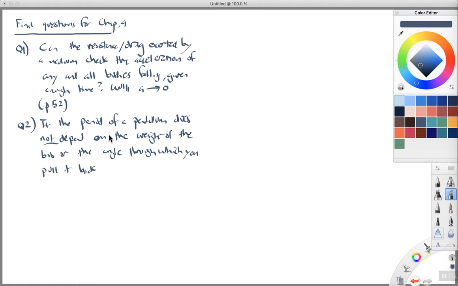It does not depend on 1, the weight of the object, or 2, the angle through which you pull it back.